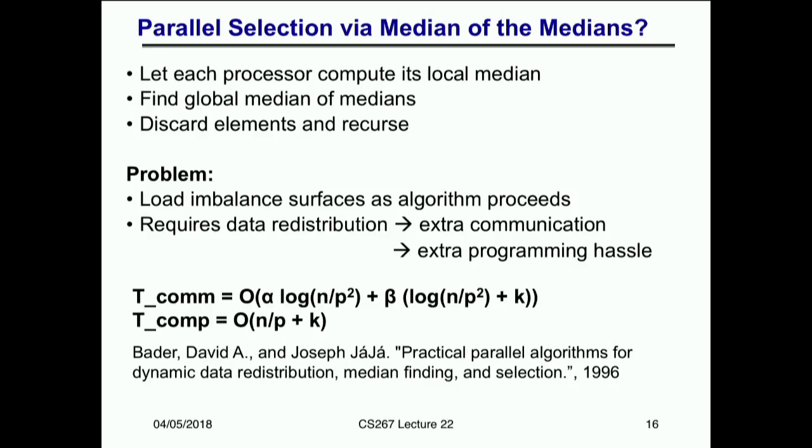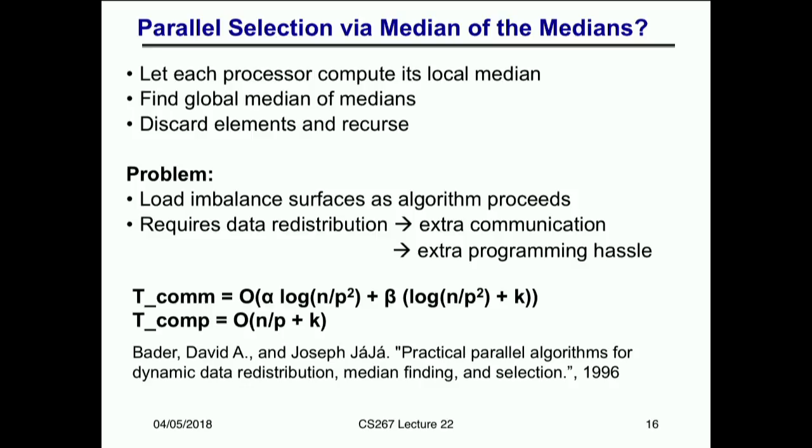Well, the problem with that is you don't know how things are distributed initially. So once you start recursing, you might create a lot of load imbalance. So let's say the list I'm sorting is 1 million, and I have 10 processors. Everyone gets 100K elements. And they all find their local medians.